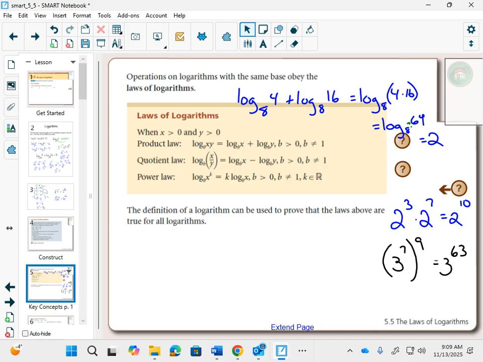Once we develop those skills, then we can apply them to questions that we weren't able to solve before, like how do I solve this equation? I couldn't solve that before. I still can't solve it yet. But once I get really good at my log laws, I'll be able to solve this. So first, getting good at our log laws.